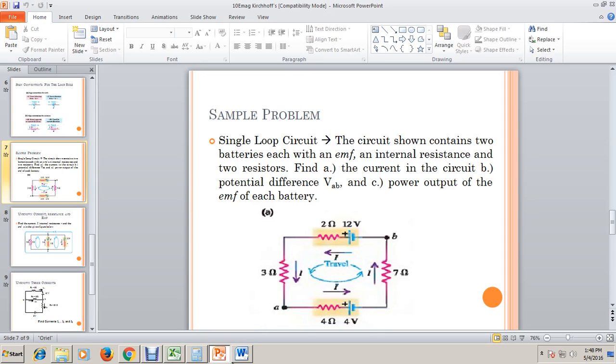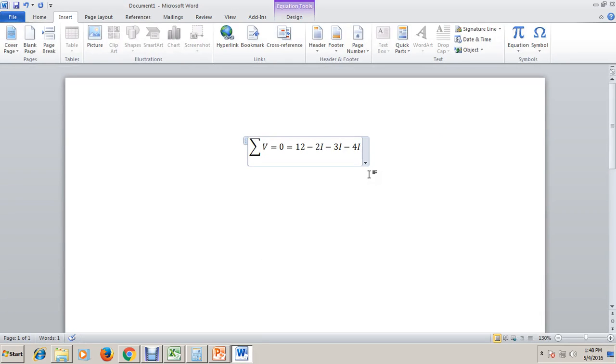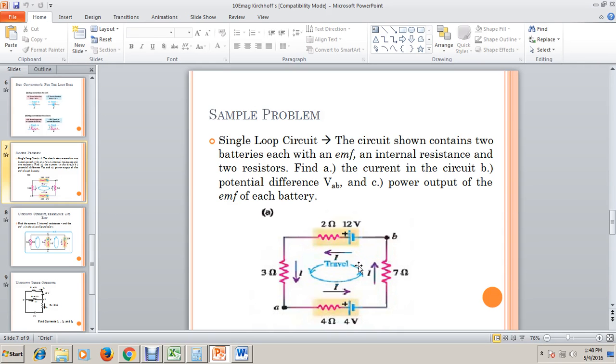So the sign for the 4 volt term in our equation would be negative. So negative 4. Next, finally, we end up the direction of our travel at the 7 ohm resistor.